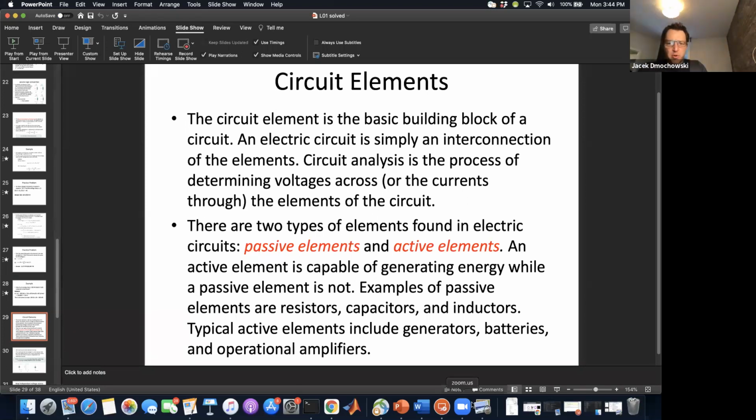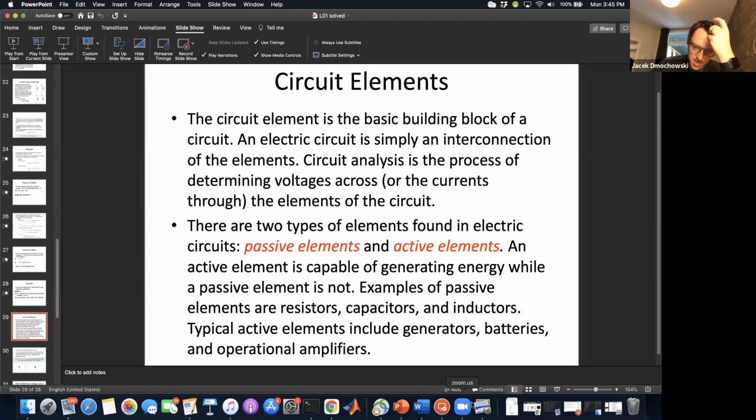So one important distinction in circuit analysis is that of passive versus active circuit element. A passive circuit element is one that basically just receives energy. When we get to them, you don't really know what these are yet, but a resistor is a passive element, a capacitor is a passive element, and an inductor is a passive element.